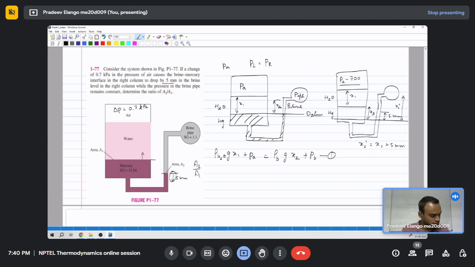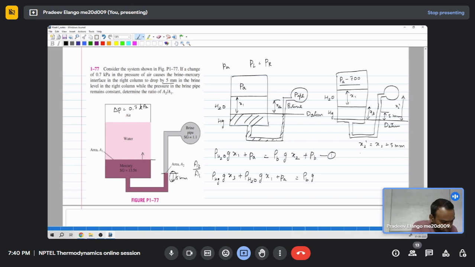So now equating the pressure on the left and right limb along the datum, on the left hand side we have rho of mercury into acceleration due to gravity into x3, plus the other things are the same, density of the water, acceleration due to gravity, height of the water column x1, plus PA, is equal to, on the right side, rho B g.